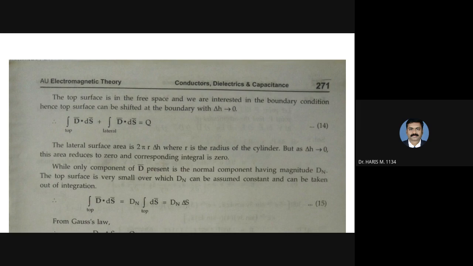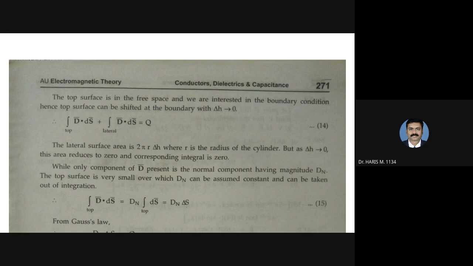While the component of D is present in the normal component having the magnitude Dn, the top surface is very small, over which Dn can be assumed constant, and it can be taken out of the integration. So take this electric displacement or the flux density outside.